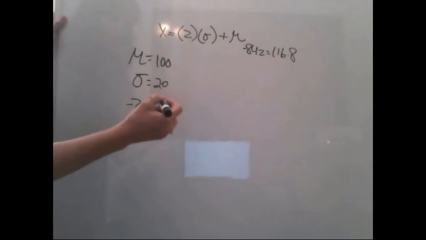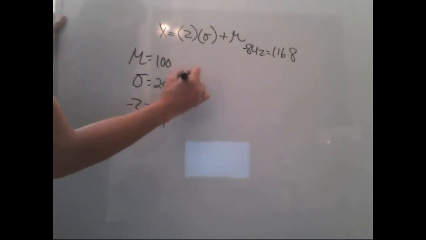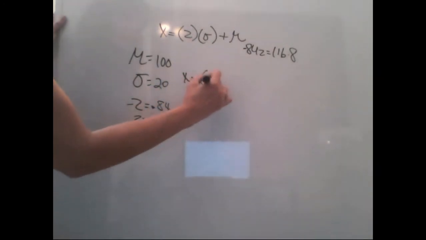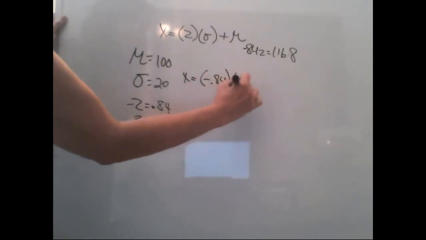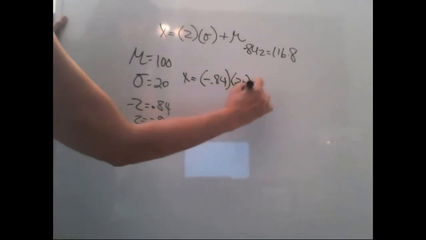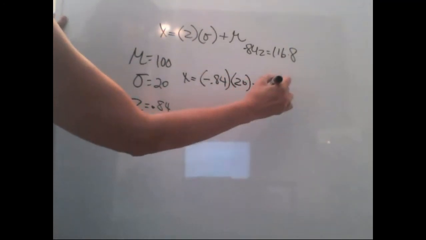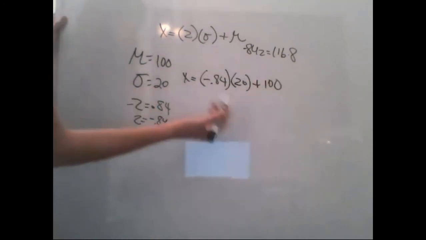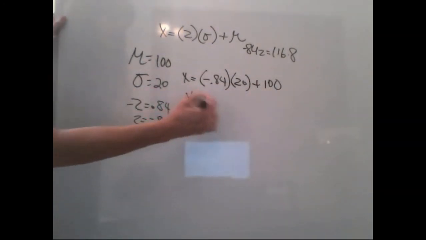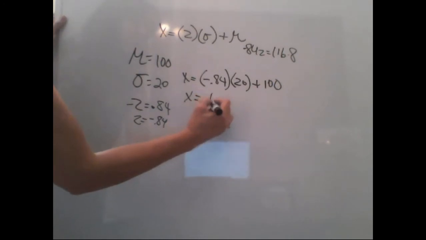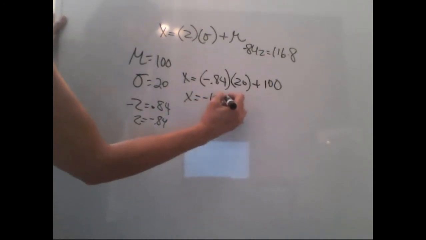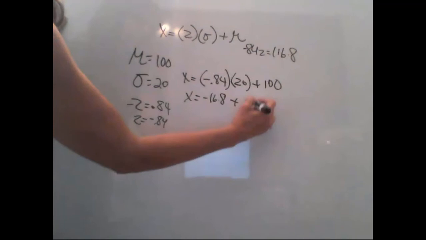Now let's look at the negative z-score. Let's plug it into the formula. But what we can't forget to do is make this z a negative 0.84. Very important. Times our standard deviation of 20 plus our mean of 100. So x is equal to negative 0.84 times 20, which now becomes a negative 16.8 plus 100.